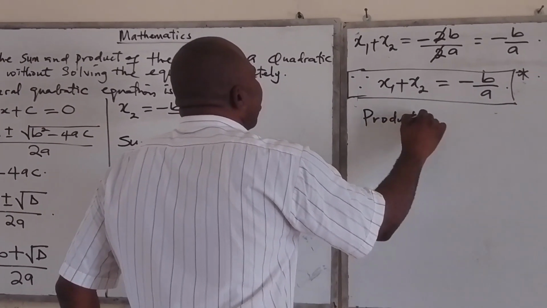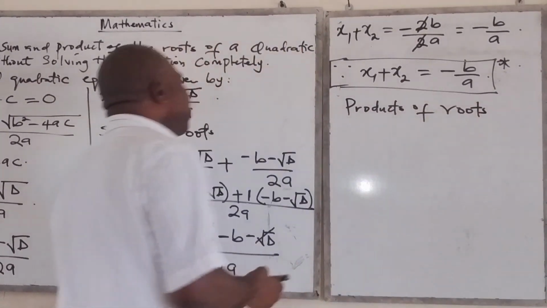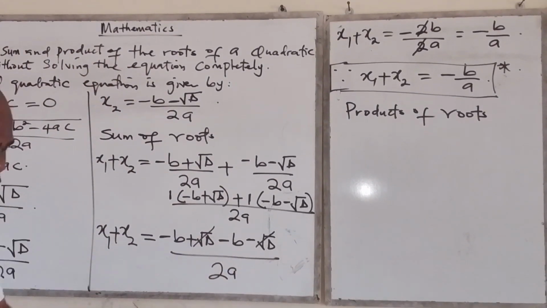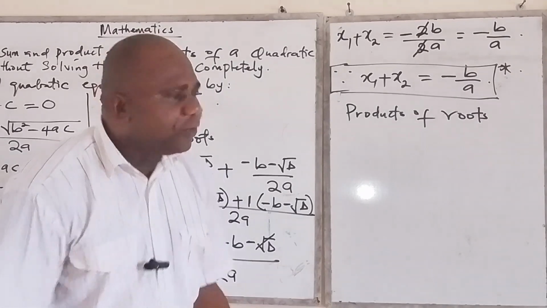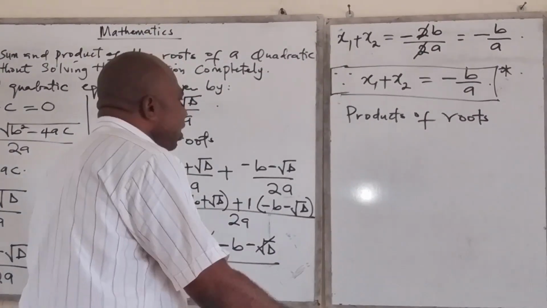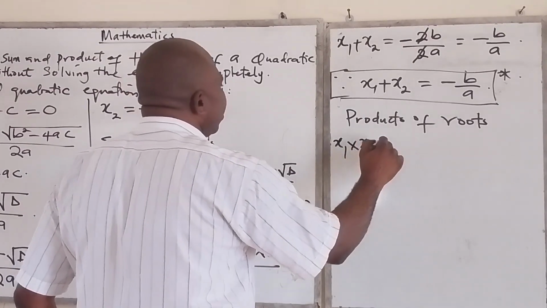Products of roots. Just like here we say sum of roots. Sum of roots means adding the two values of x. Products of roots means multiplying the two values of x. So now here we have x1 times x2.